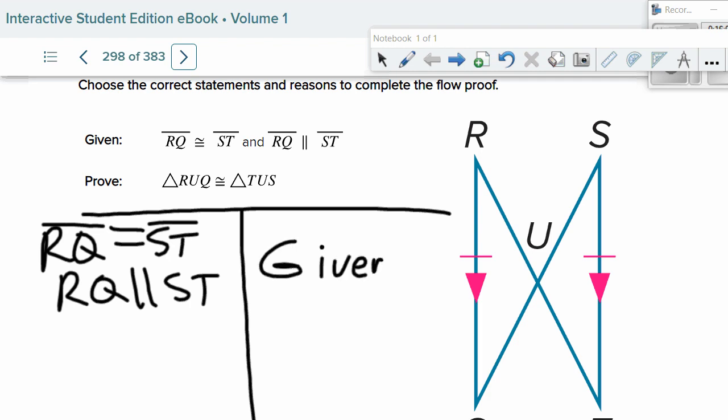Now, when you get these different proofs, sometimes there's more than one right answer. So I'm just going to do a basic one, but discuss what I might have done a different way.